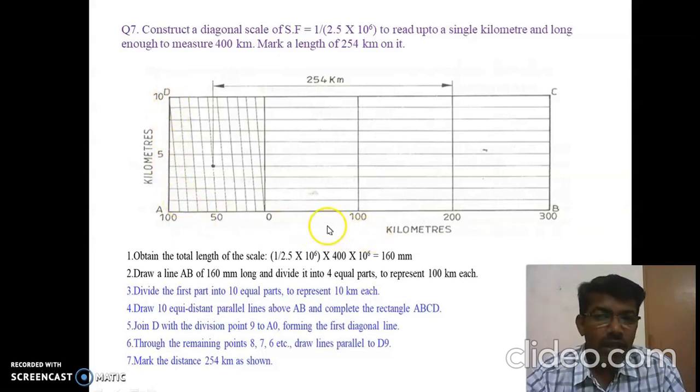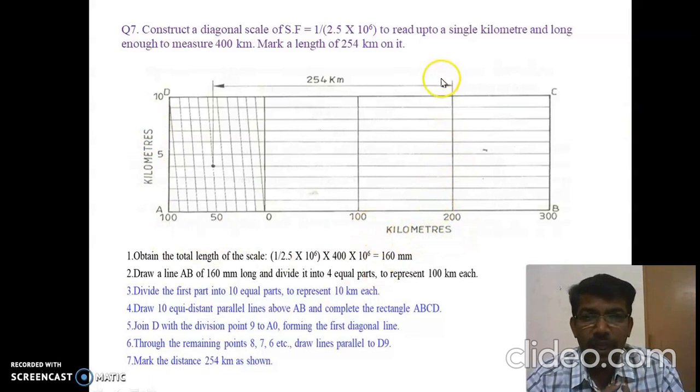Right? So here these are 100 kilometers. This is the 100 kilometers range, and to the left of this is the 10 kilometers subdivision, and in the vertical position these are kilometers. So you can see kilometers, these are 10 kilometers and these are 100 kilometers. Now this is 200, this is 50 and this point represents 4.